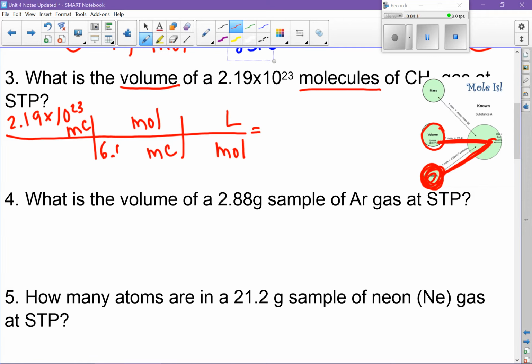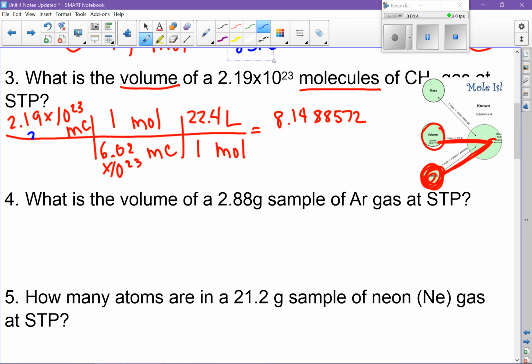Molecules uses Avogadro's number. Mole requires a 1 all the time, and liters is 22.4. So you put that in your calculator, remember times on the top, divide down, go up, down, up, down. My calculator says 8.1488572, and then we're just going to round.